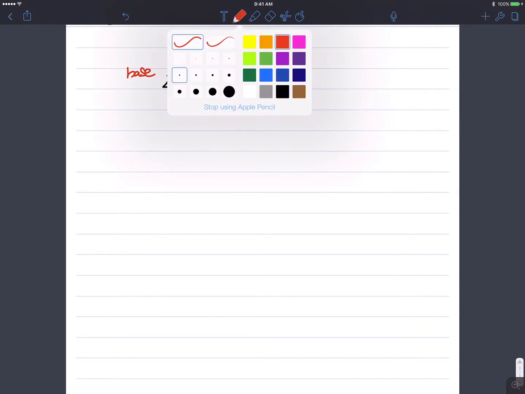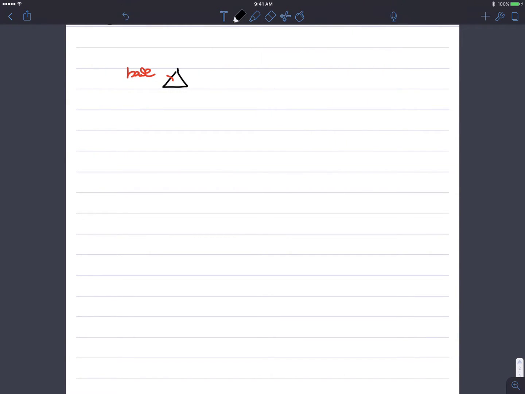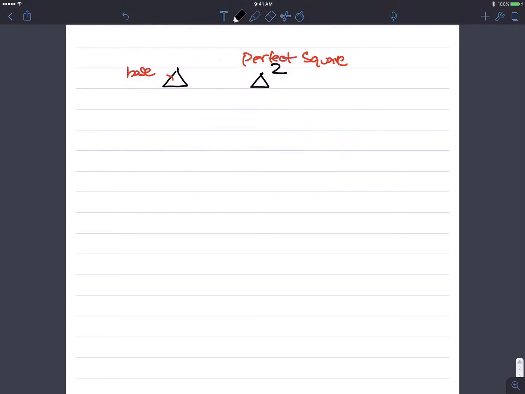Here's the base. If I take a base and then I raise it to the second power, okay, what you have here, this is known as a perfect square. So we're going to start simple and say, take the number 1, and 1 to the second power is 1 times 1, which is what? 1.